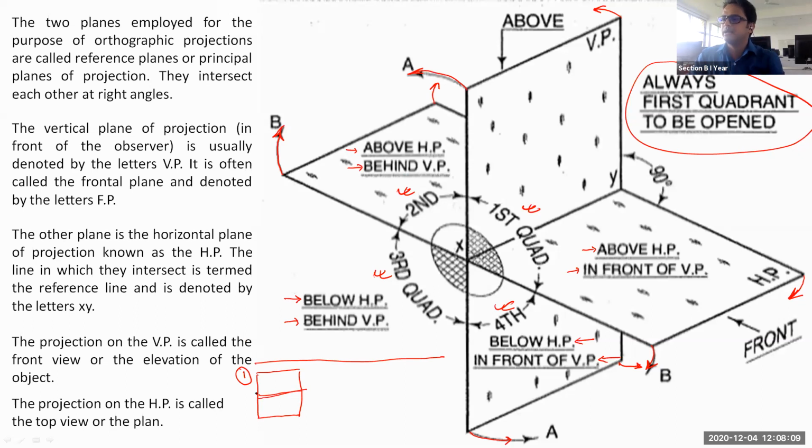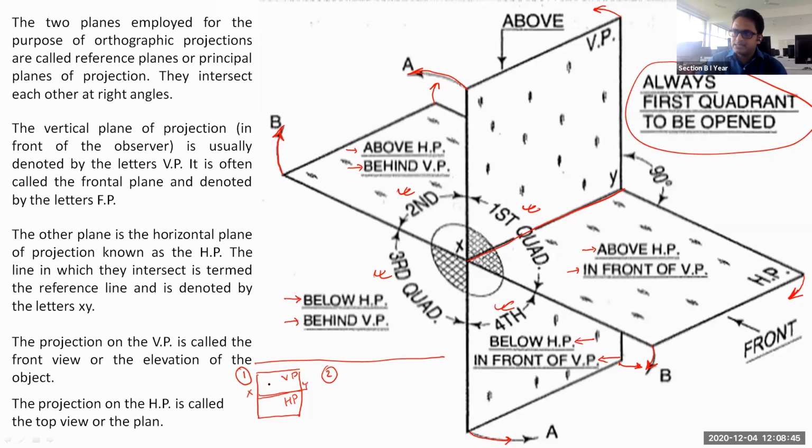This is the reference line, X, and this is your Y. When we are opening this, if the object is placed in first quadrant and I am opening it as per the arrow marks that I have made here, this will be your vertical plane and this will be your horizontal plane for first quadrant.